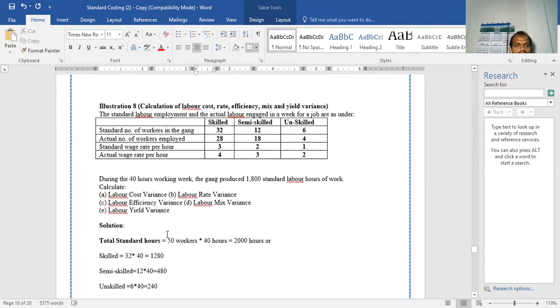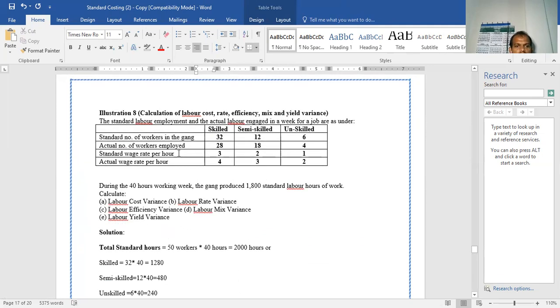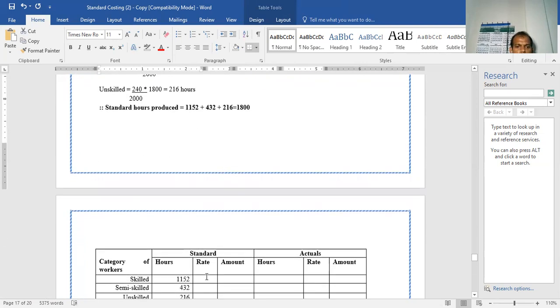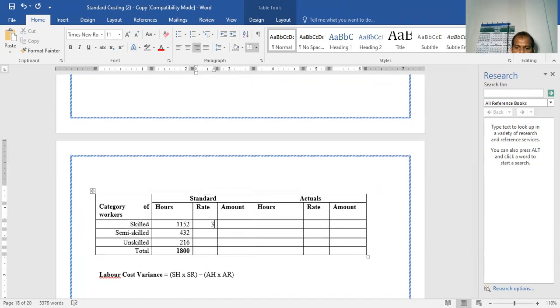What is the standard rate? Standard rate per hour: 3, 2, 1. Standard cost: 3456, 864, 216. The total is 4536.